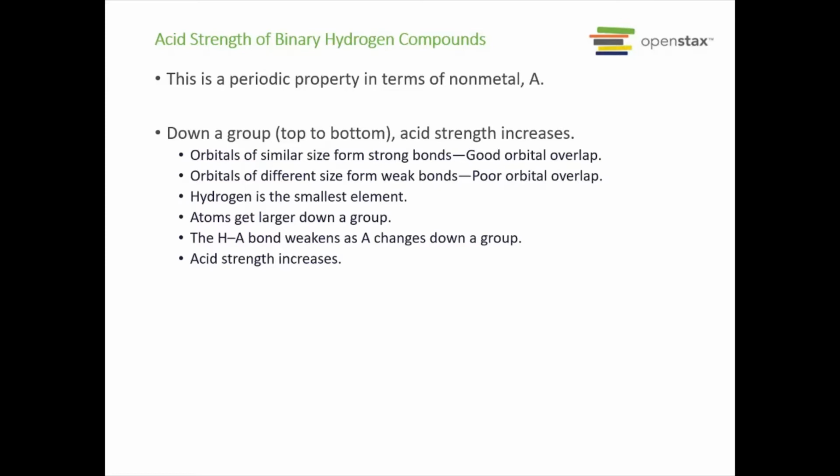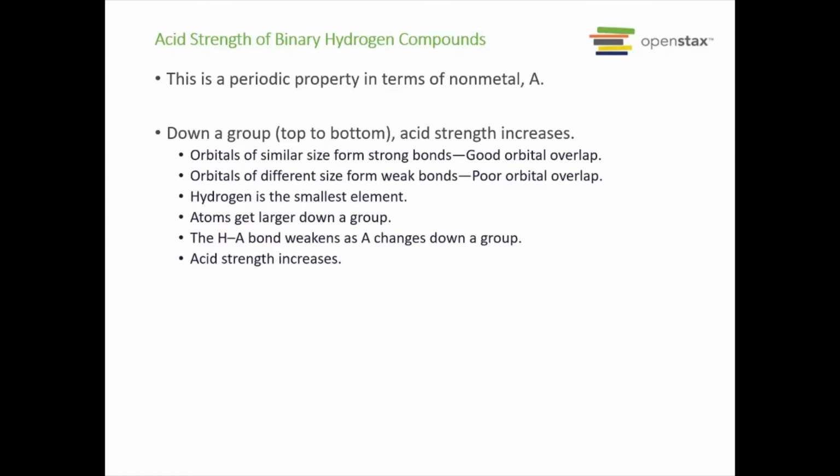So this is a periodic property in terms of your nonmetal. A represents your nonmetal. When you're going down a group, from top to bottom, your acid strength increases. When you have orbitals of similar size, these form very strong bonds because you're getting good orbital overlap. So think back to quantum.